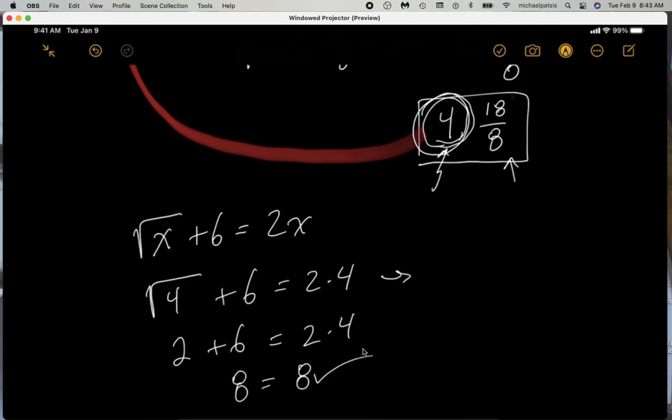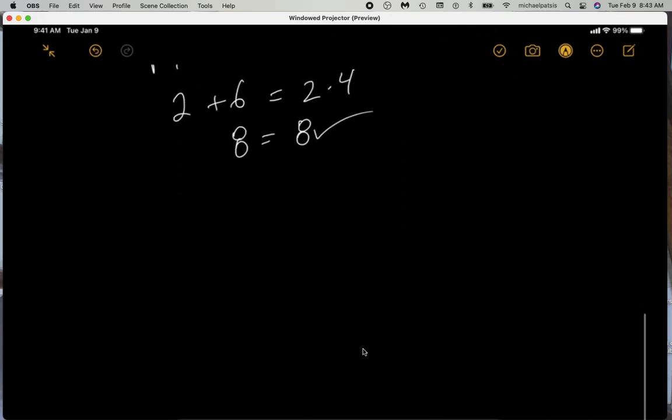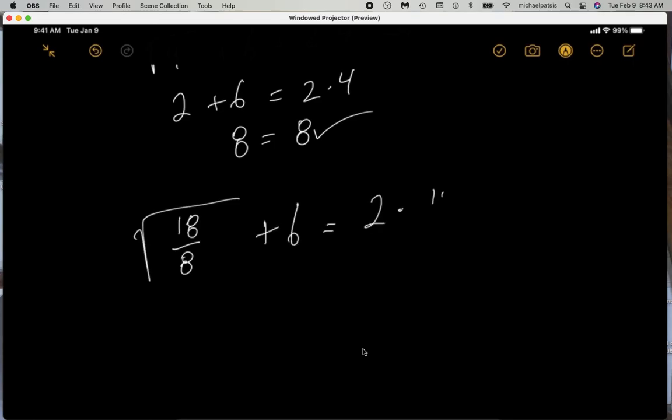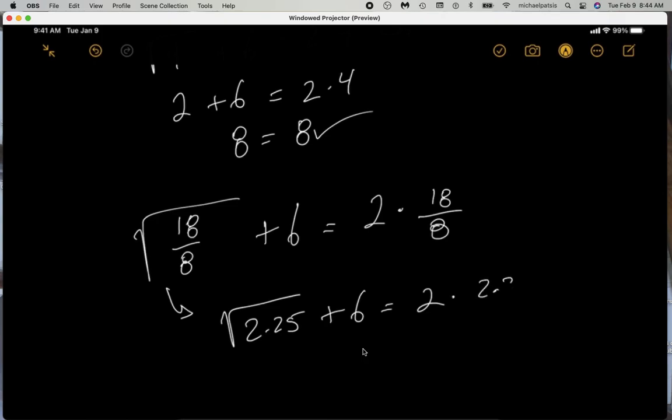Now, let's plug in this one. We're going to have square root of 18 over 8 plus 6 equals 2 times 18 over 8. This ends up being the square root of 2.25 plus 6 equals 2 times 2.25.